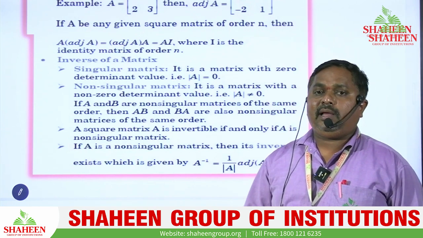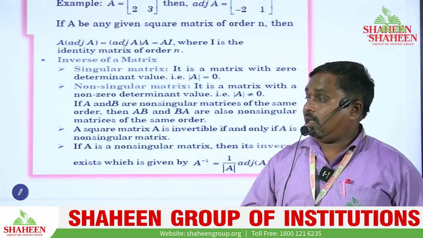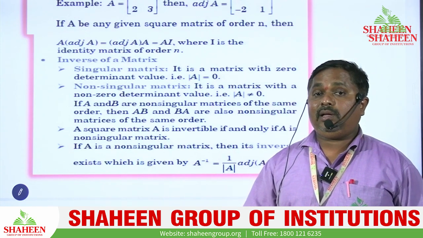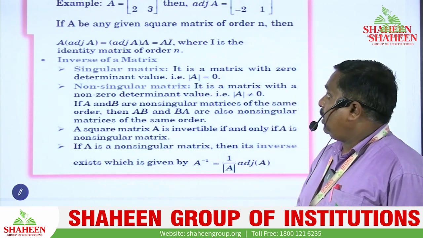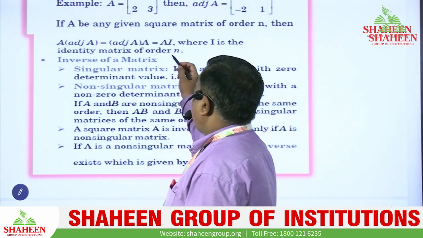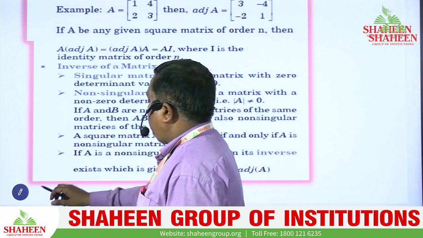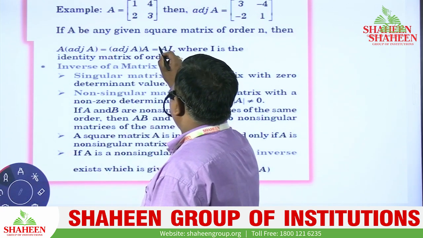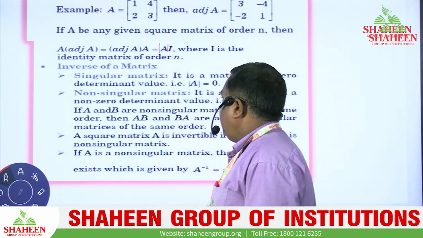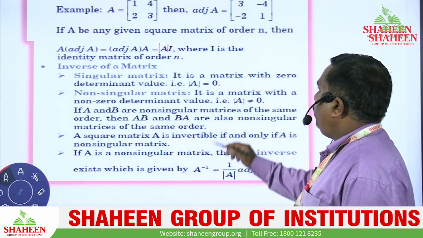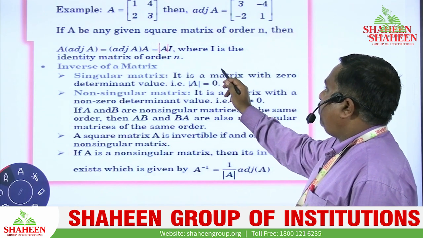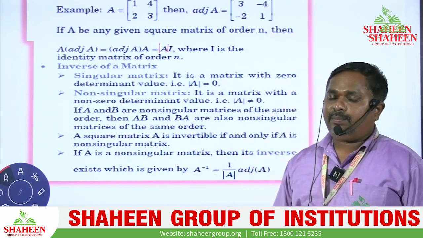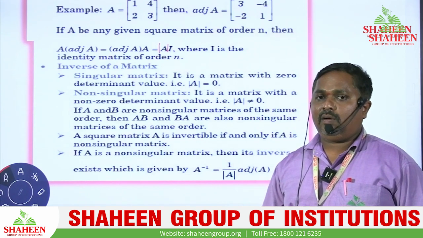If you multiply a given matrix with the adjoint of the matrix, the result will be the determinant of A into I, where I is the identity matrix of order n. If the given matrix is of order n, then I will be of the same order as the matrix A.